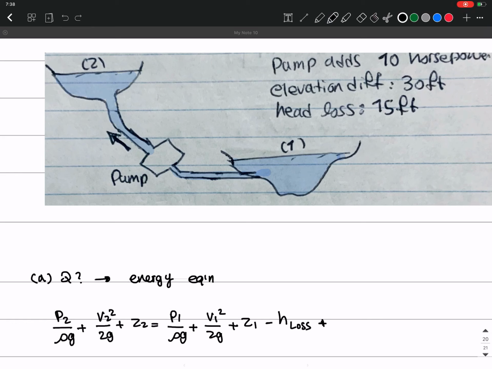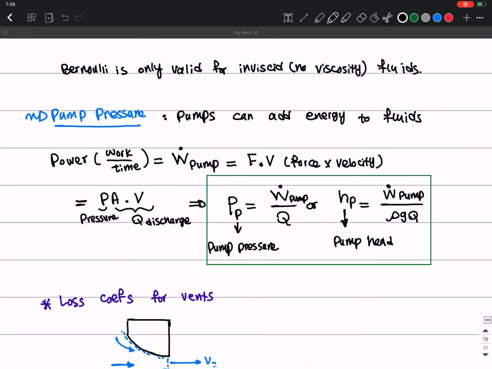So whatever I have here, the system adds power, and then it goes to the second location at 2, reservoir 2. So I add that as HS, which is pump head, right? We had it before. It's pump head, which we define it here.